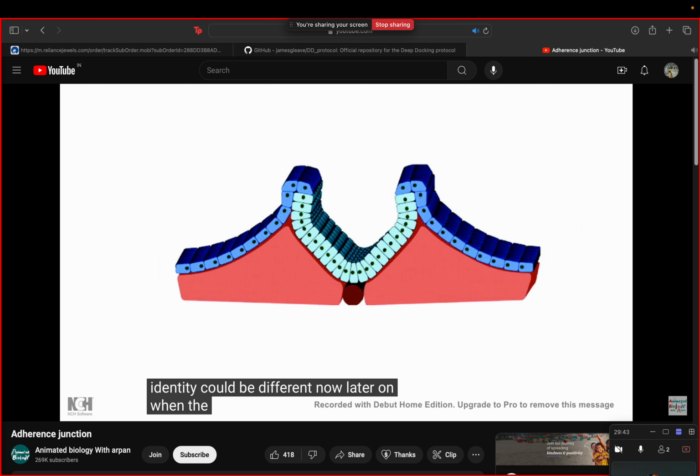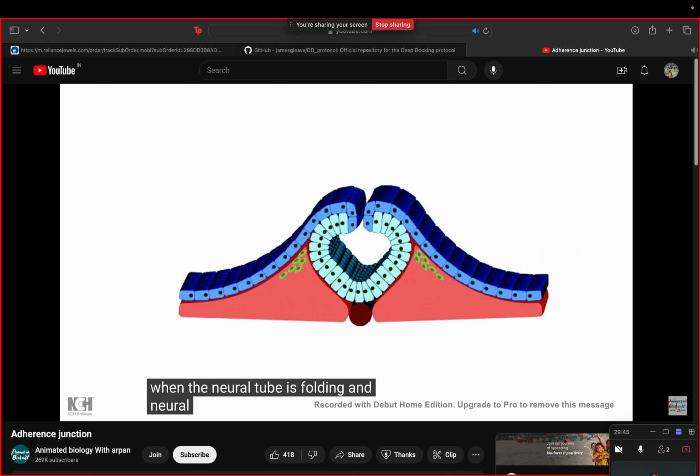Now later on, when the neural tube is folding and neural crest cells are migrating out, they express different types of cadherin. For example, the region known as the floor plate, which is just above the notochord, starts expressing cadherin 6B, whereas the other cells of the neural tube express N-cadherin.